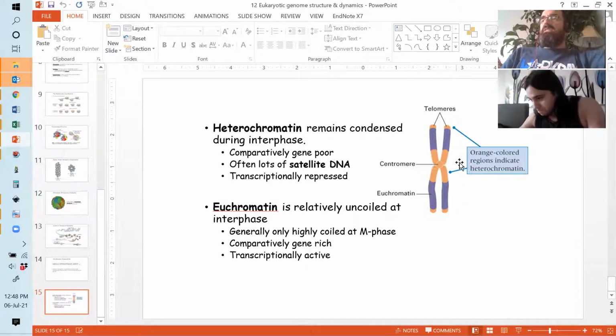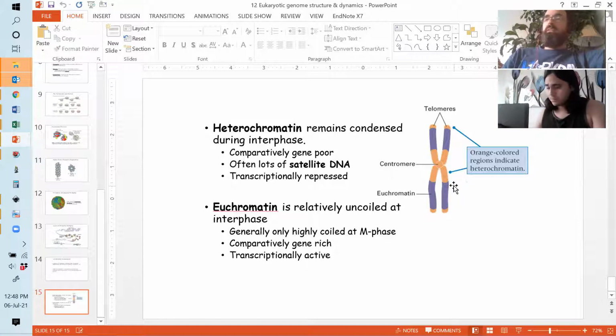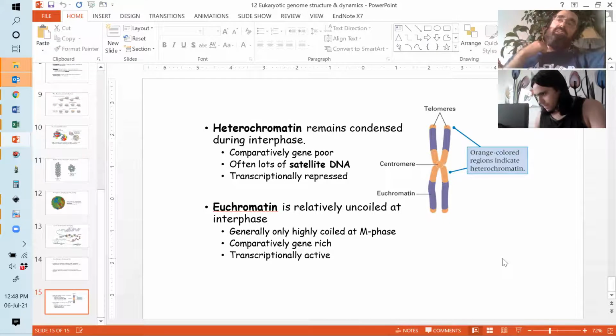So the centromere and the central regions of the chromosome tend to have a lot of satellite DNA, and relatively few genes, which is why map distance doesn't equal physical distance for the center of the chromosome. They tend to be pretty much transcriptionally repressed, right? The genes that are present there don't tend to be very transcriptionally active. And the telomeres don't have any genes whatsoever.